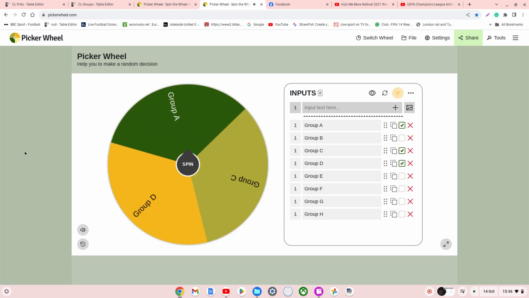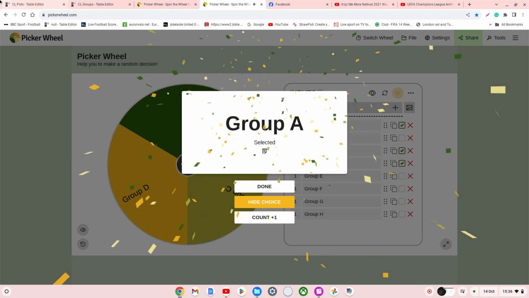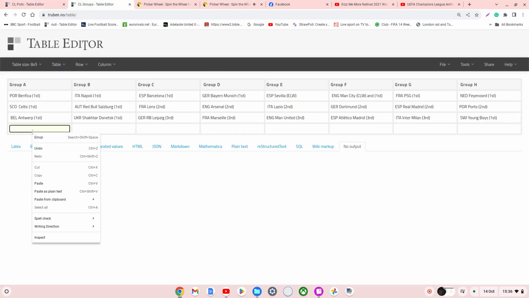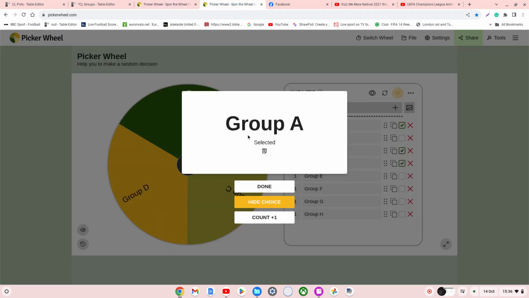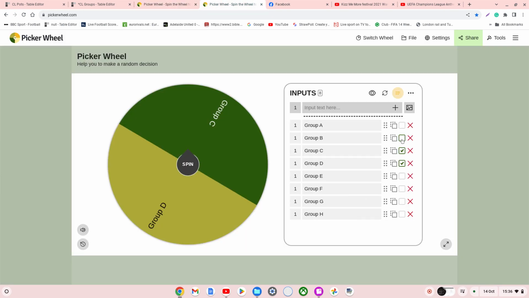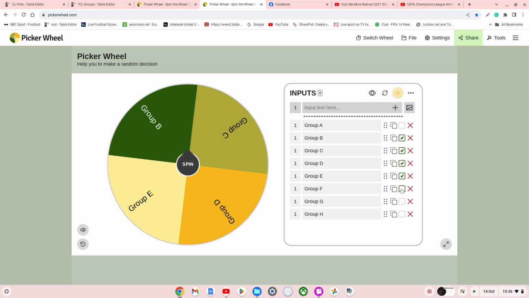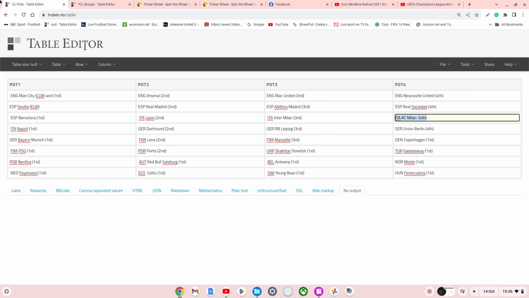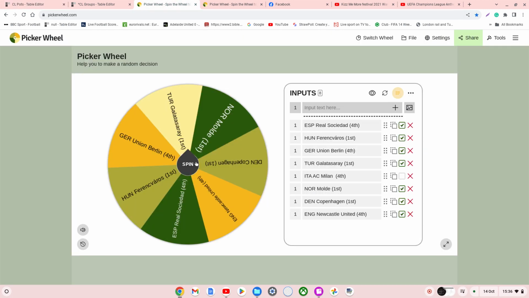And it's going to be Group A. They'll be in Group A. AC Milan will be in Group A, and they'll be facing Antwerp, Celtic, and Benfica. Anyway, let's move on to the next team.